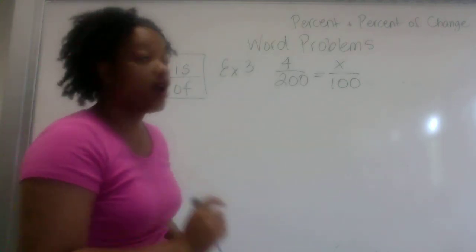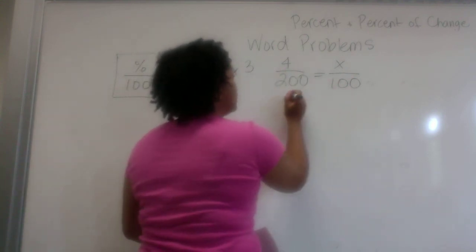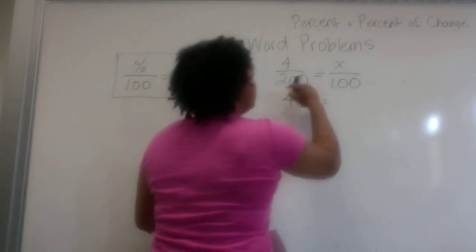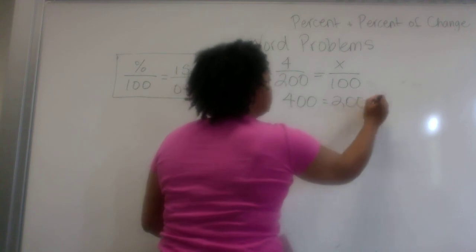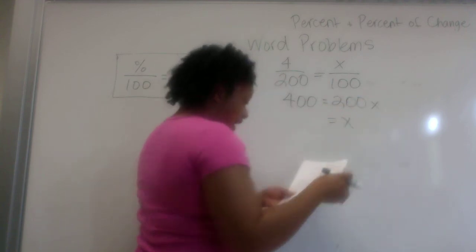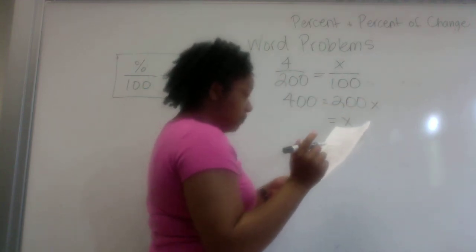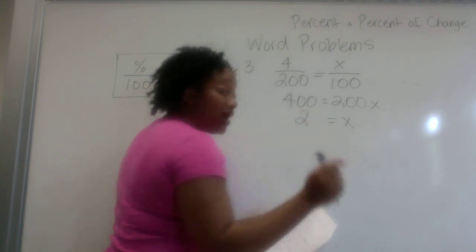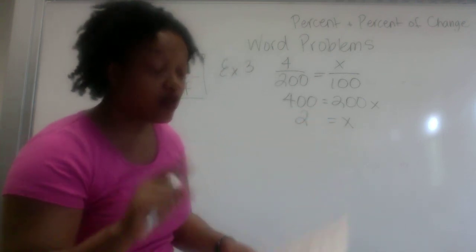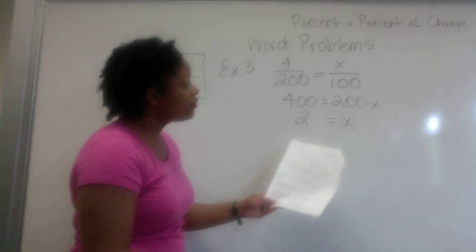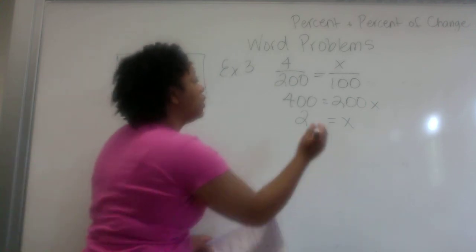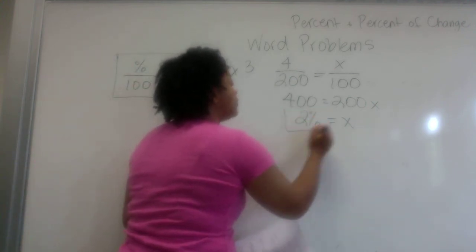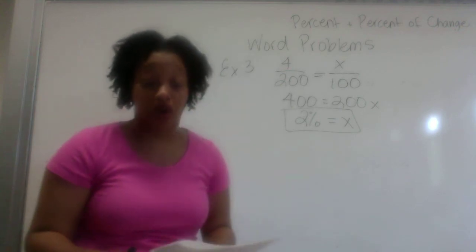So now you're ready to go. 4 times 100, 200 times x. Divide both sides by 200. That gives you 2, but look at the question again. It says what percent. So you don't leave your answer as 2. You need to remember to put your percent symbol. And if you don't put your symbol, I'm going to mark you wrong.